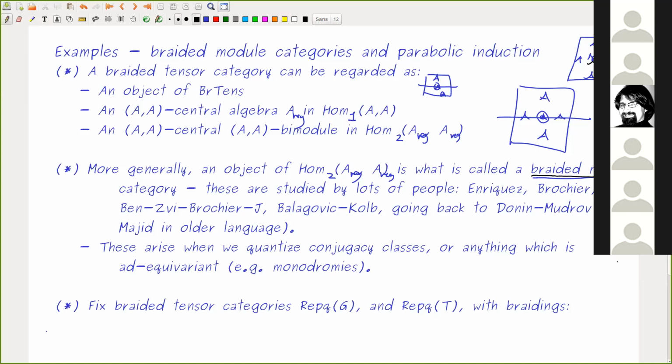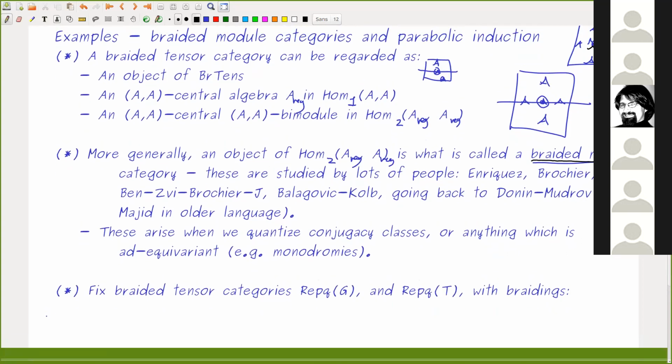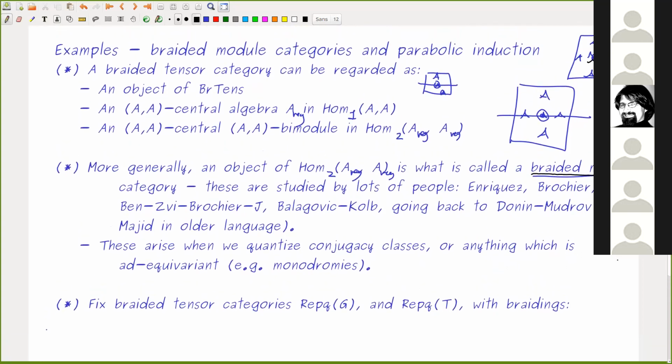Maybe to explain that point in more detail, a more obvious way that we might encounter a braided module category is from the following picture. I'll draw over here. So here's our plane, but let's imagine that instead of a point, a surface sprouts out here. So we have a whole genus 2 surface or something like that.